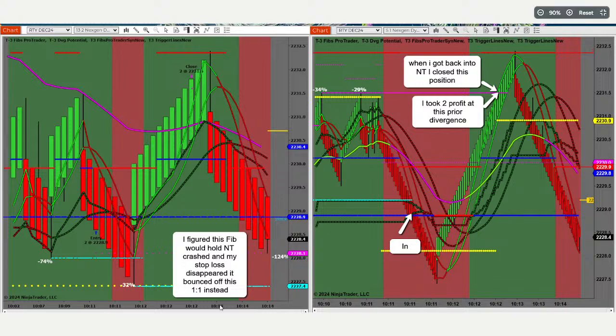Andy, man. I figured this fib would hold. NT crashed. My stop loss disappeared. It bounced off this 1-to-1 instead. When you got back in and you closed the position, took 2 profit. So, bad bottom, 50-50, multiple divergences, split triggers, and you go long.